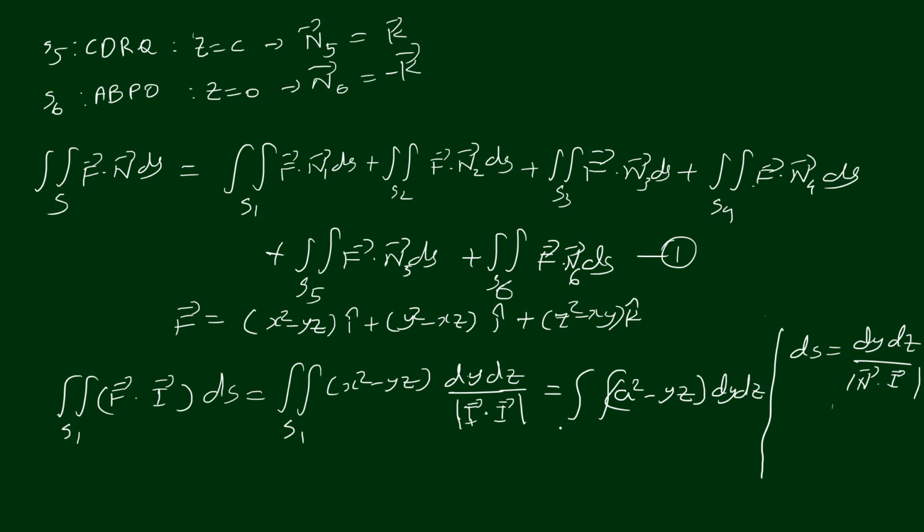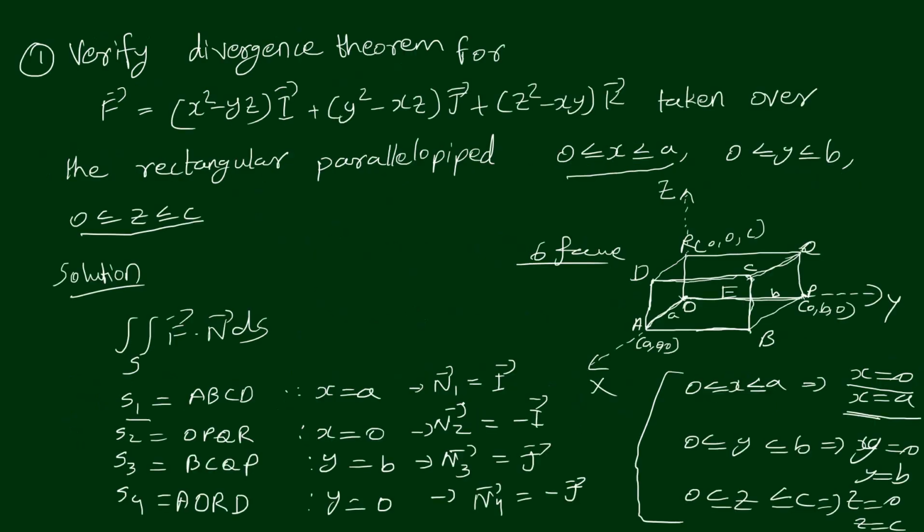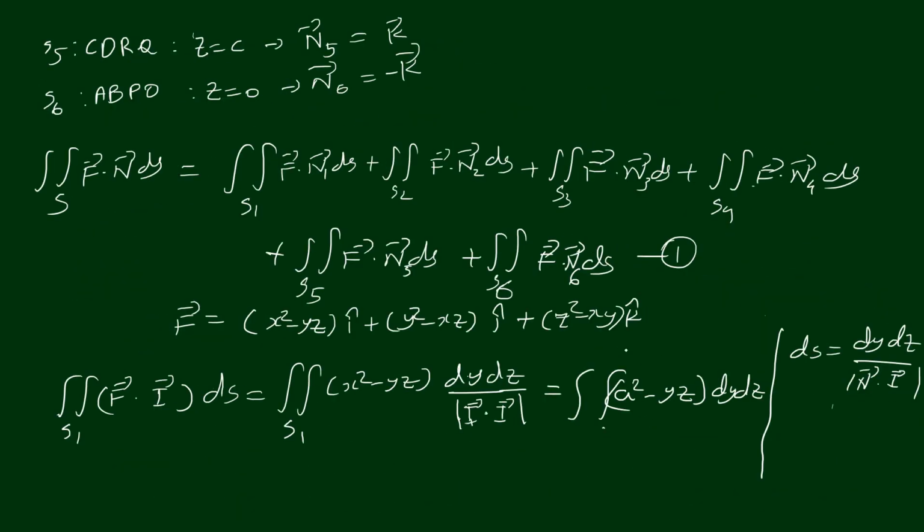And what is the limit of y over the surface x equal to a? Y varies from 0 to b, and z varies from 0 to c. That is given in the question. A, b, c are given generally, so no issues.